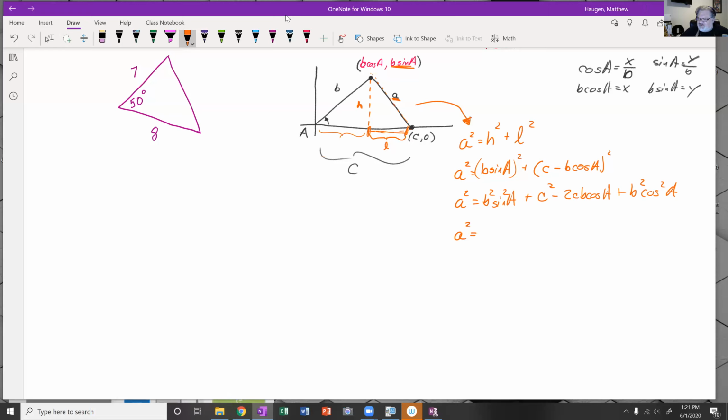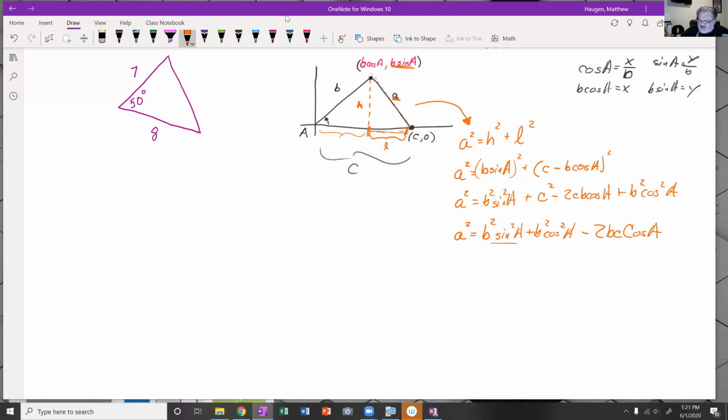A squared equals, we've got B squared sine squared A, I'm going to move these around a little bit, plus B squared cosine squared A minus 2, I'm going to write that as BC, I just like it better, BC times the cosine of A.